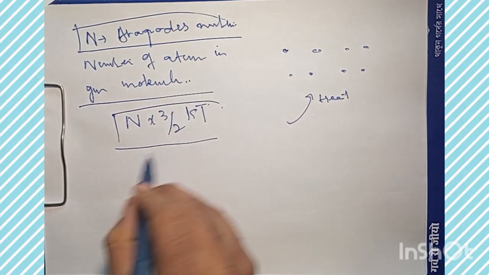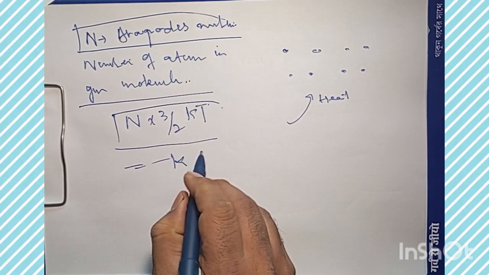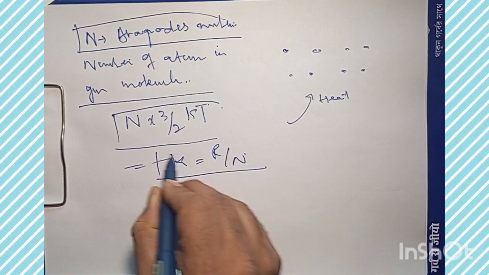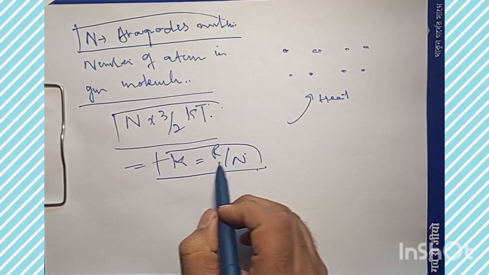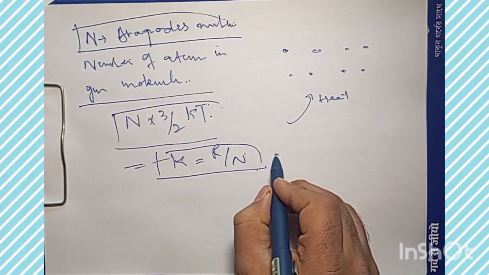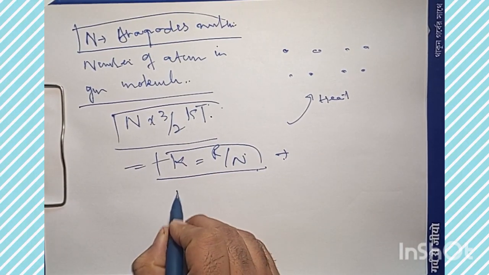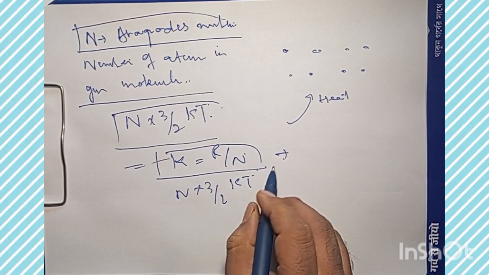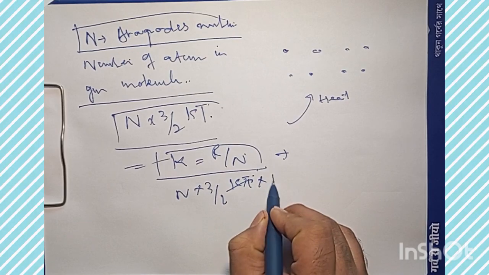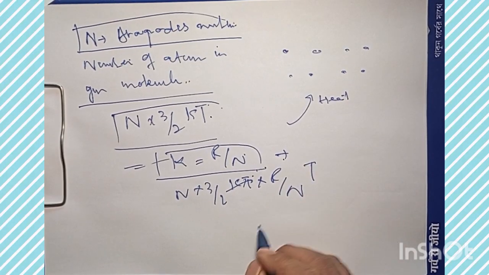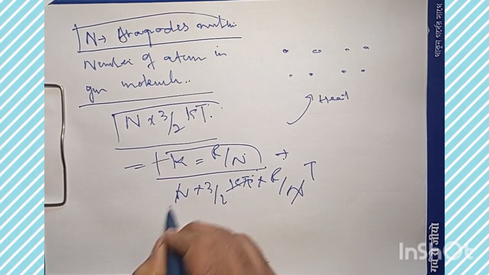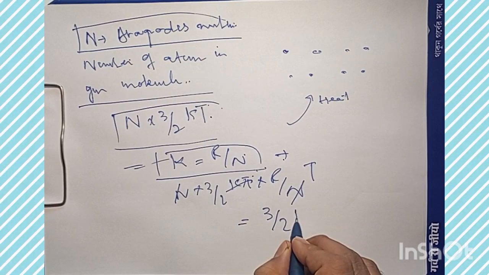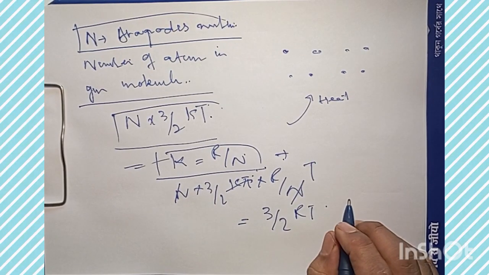And we have this k from kinetic theory of gases. This k is R by N. Now, if this is the case, we will get N times 3 by 2 kT. For k, I will use R by N, so T. So this N and N is going out, so we will have 3 by 2 RT.